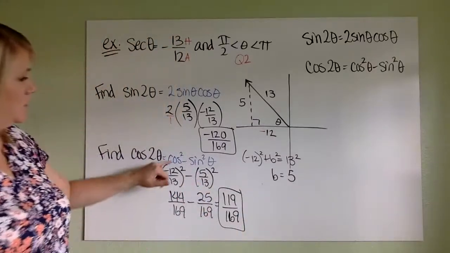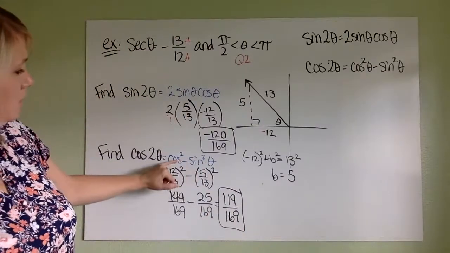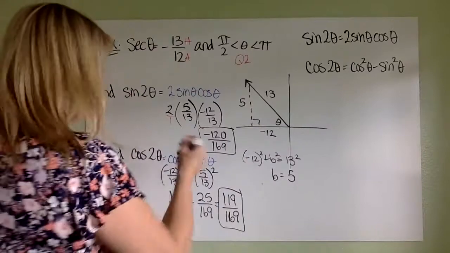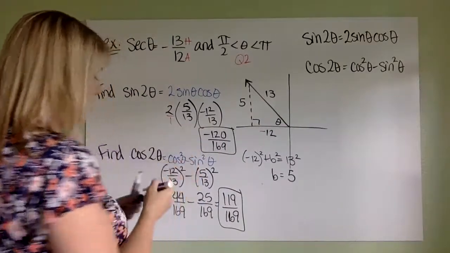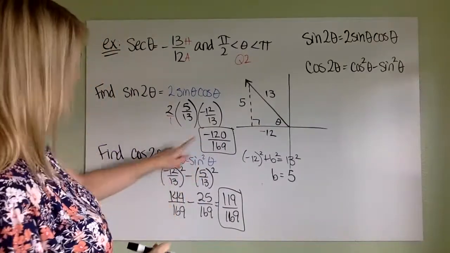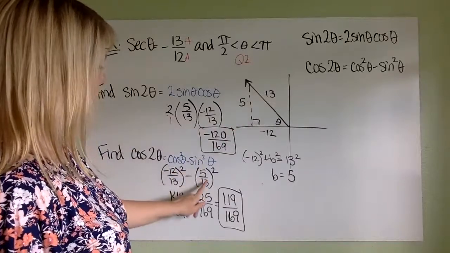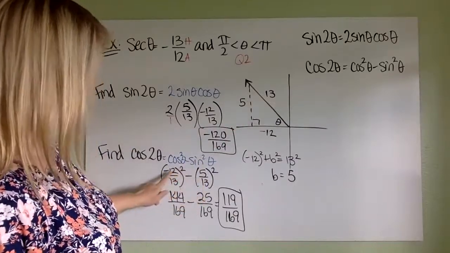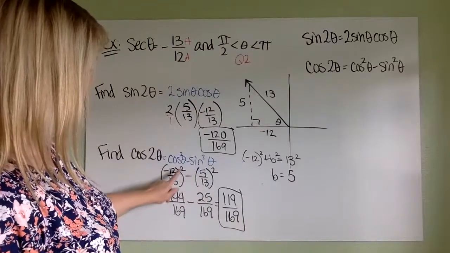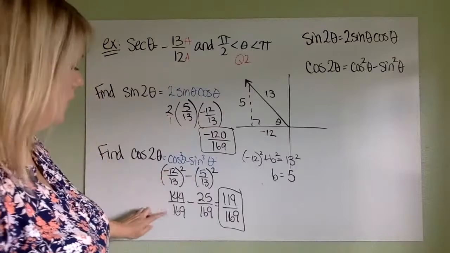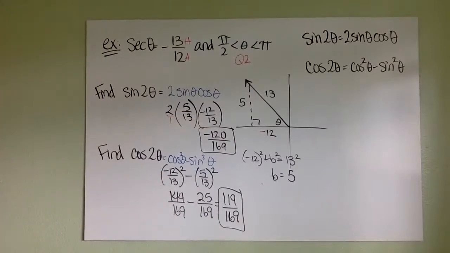So it's just using the formula, plugging in the value for that given theta, sorry. It's just plugging in the value from the triangle. So cosine was negative 12 thirteenths, sine was 5 thirteenths. When I square the negative 12, I get 144. When I square the 13, I get 169, sorry.